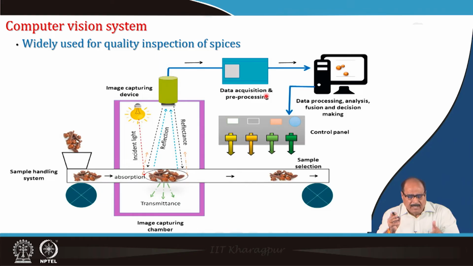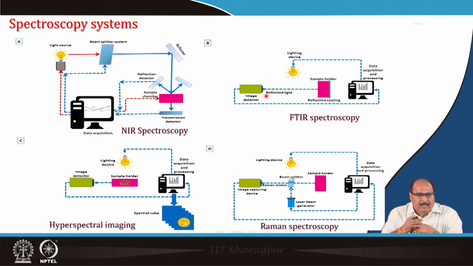Either the color or any other particular quantity can be used for grading by using this computer vision system. Then here the various spectroscopy methods are shown: NIR spectroscopy and its working principle, FTIR spectroscopy, Raman spectroscopy or hyperspectral imaging. In these systems there is some light source, and either absorbance or reflectance of the light is measured, or in the case of hyperspectral imaging, there are hyperspectral cameras.